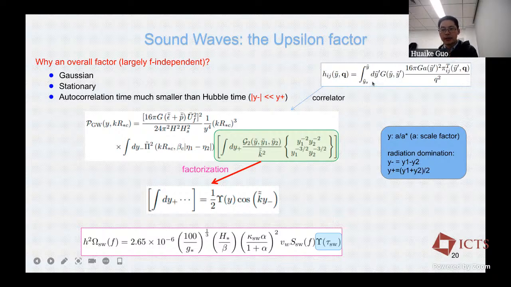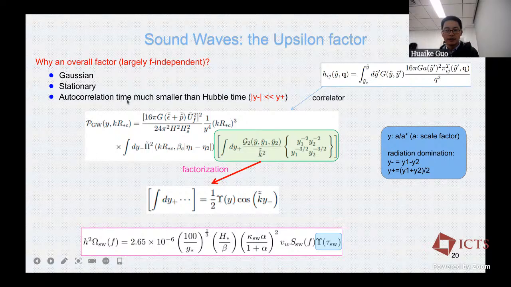And in this context, you will notice the following features of this process: the source is Gaussian to a large extent and also stationary, and the autocorrelation time is much smaller than other time scales. The autocorrelation time is one quantity that describes a stationary source. Stationary means that the correlator of this source depends only on the time difference.